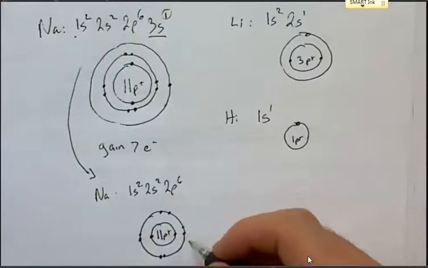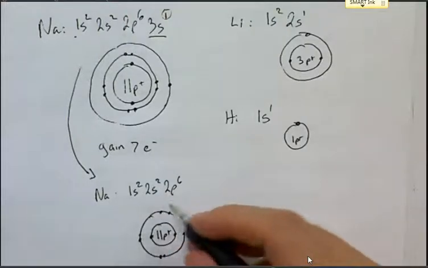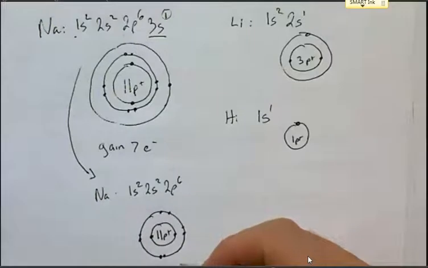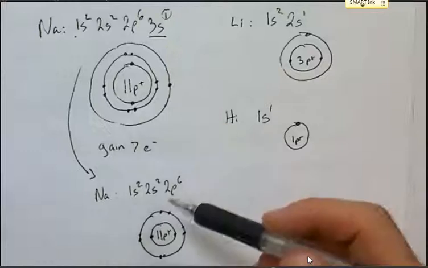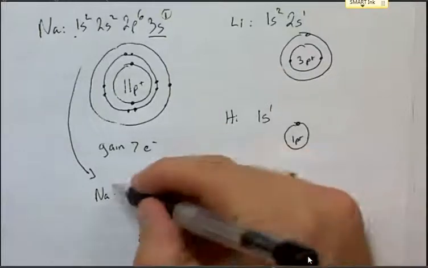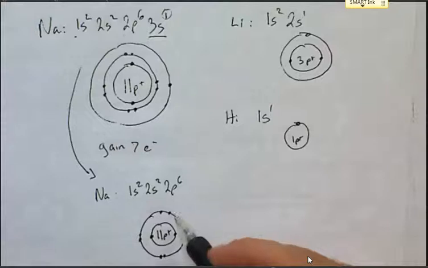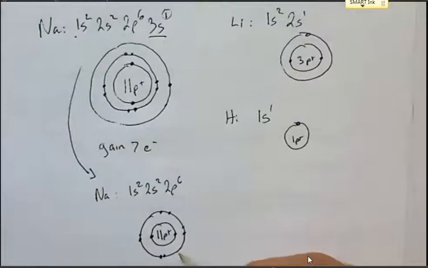Now it's got 8 electrons in its new outermost energy level. The fact that it's dropped down 1 energy level from third to second doesn't matter. It is perfectly happy having 8 electrons in its outermost level.